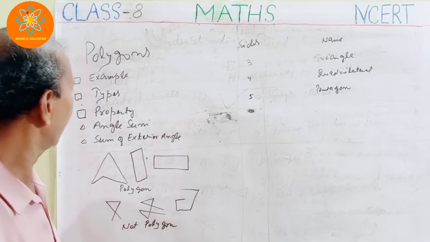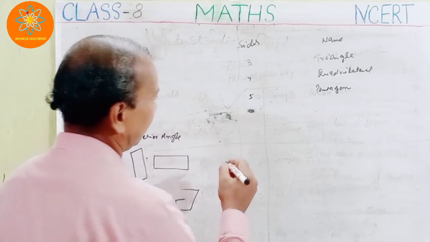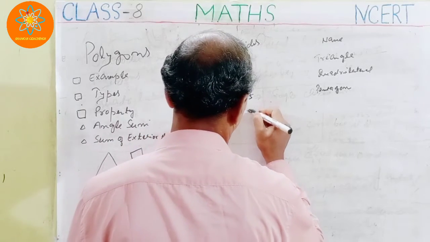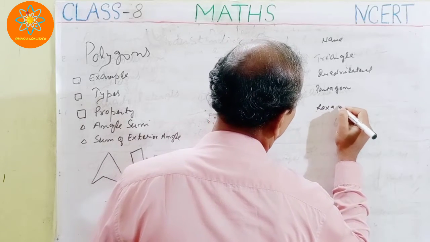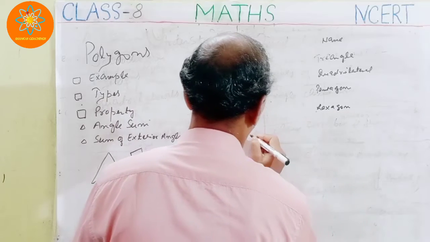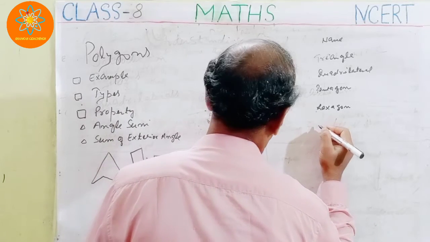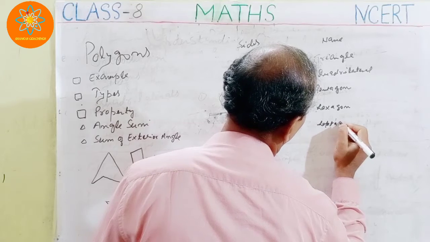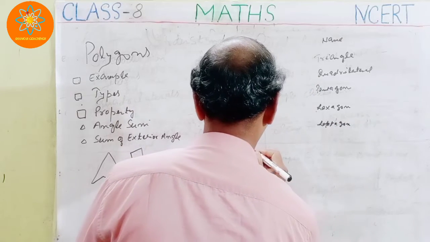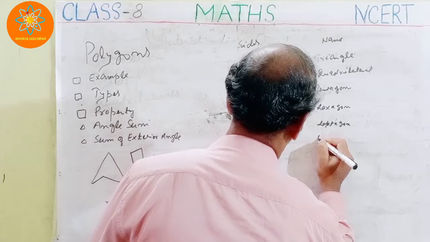Similarly, if the sides are 6, it is a hexagon. 7 is a heptagon. If the sides are 8, it is an octagon.